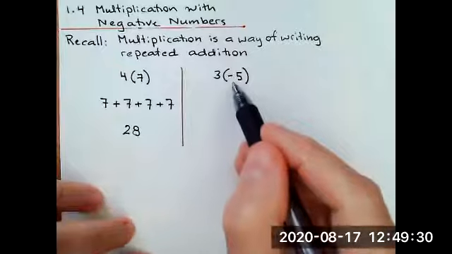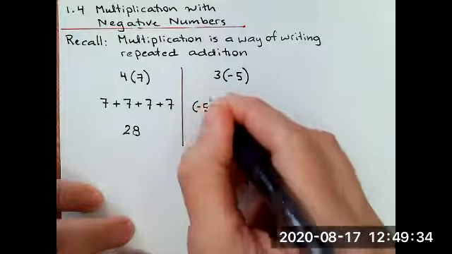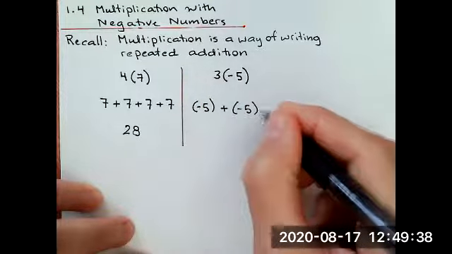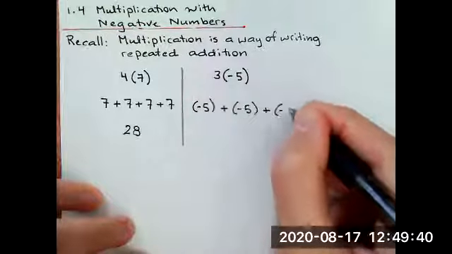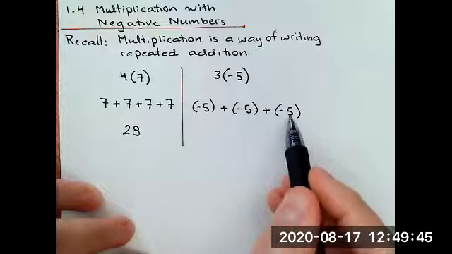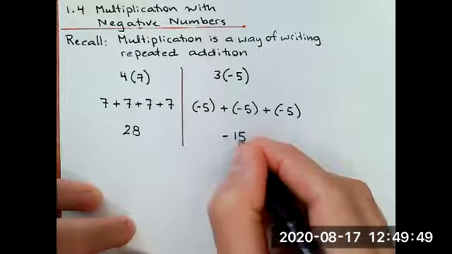So 3 times negative 5 is negative 5 added to itself 3 times. Negative 5 plus negative 5 plus negative 5 is negative 15.